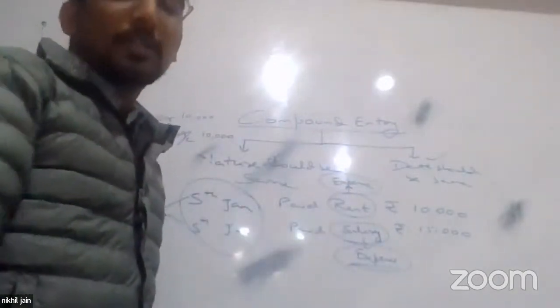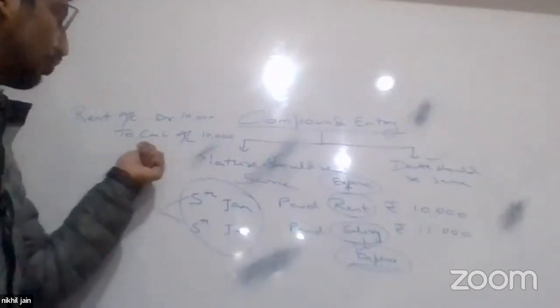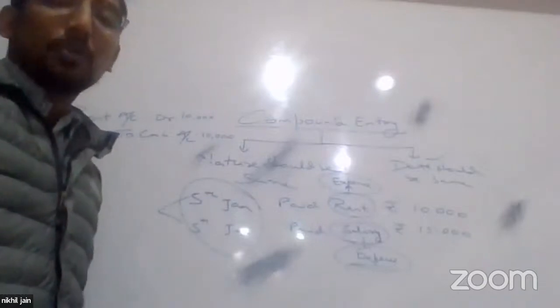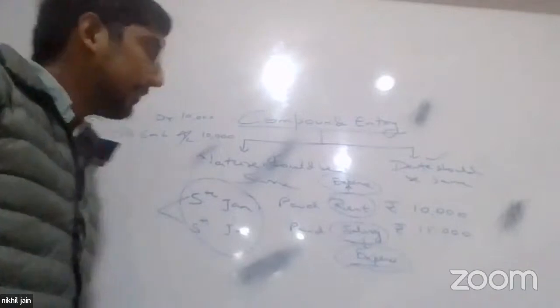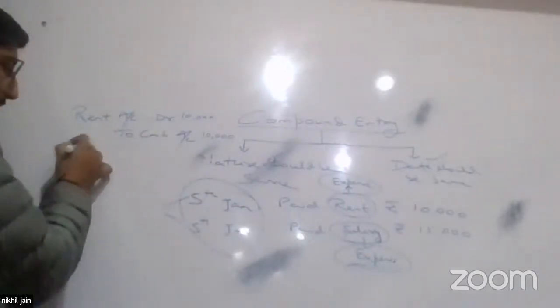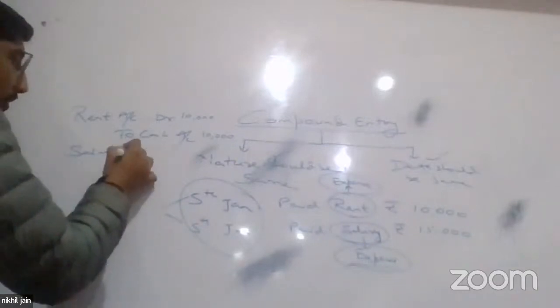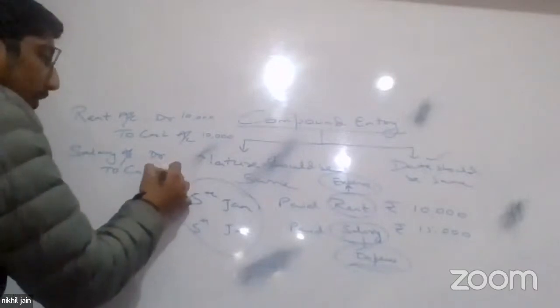खर्च हम लोग का क्या हो गया? बढ़ गया. तो जब खर्च अगर हम लोग का बढ़ जाता है तो उसको हम लोग कहां पे लिखते हैं? डेबिट पे. ठीक है. और टू कैश अकाउंट, और कैश को हम लोग कहां लिख देते हैं? क्रेडिट में लिख देते हैं, मेंशन कर देते हैं. ठीक है. उसके बाद पेड सैलरी. सो सैलरी अकाउंट डेबिट टू कैश अकाउंट.